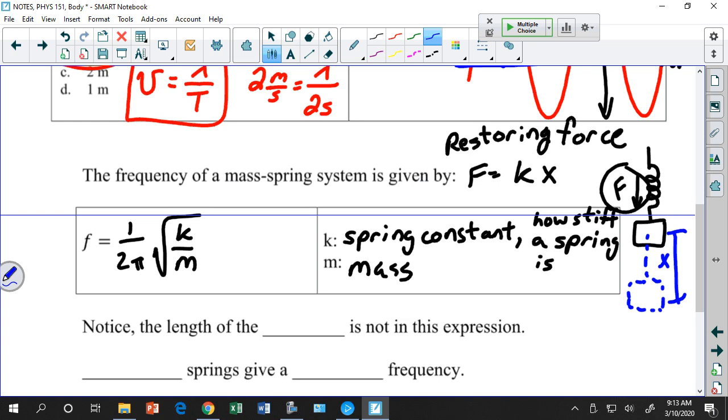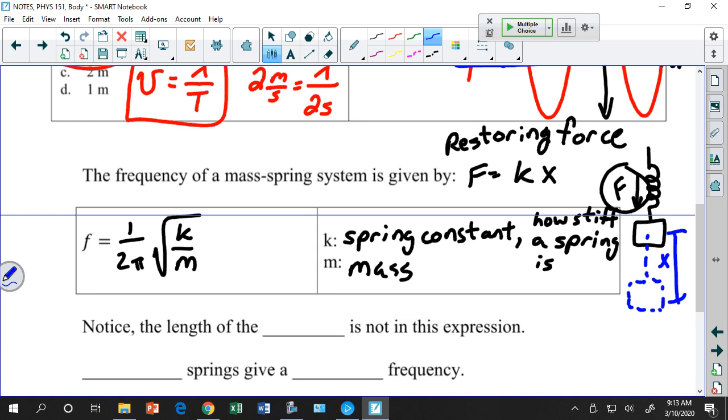This is a rubber band, right? If I pull on it, the restoring force is whatever it is. So if I pull on it more, what happens to the restoring force? Does it get bigger or smaller? If I pull it back just a little bit, it's not going to have much oomph to it.